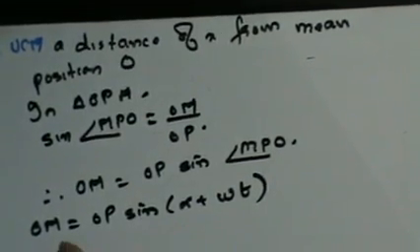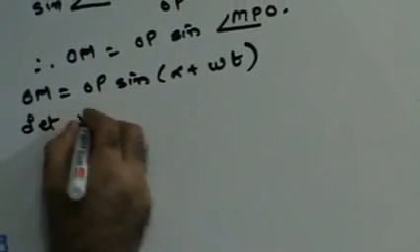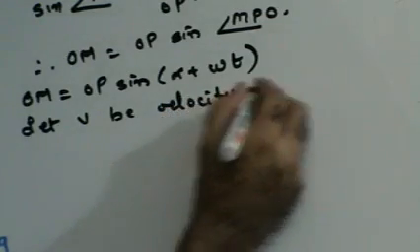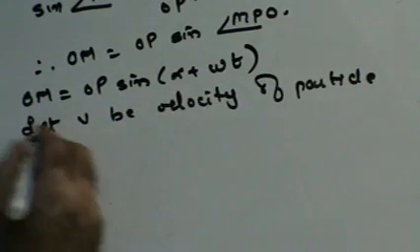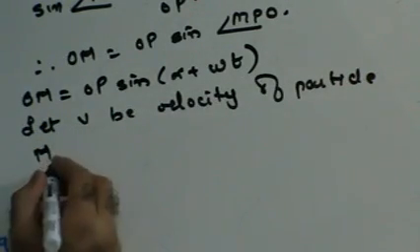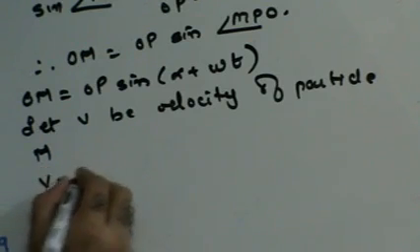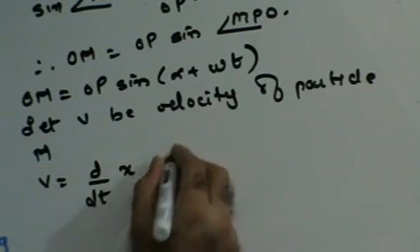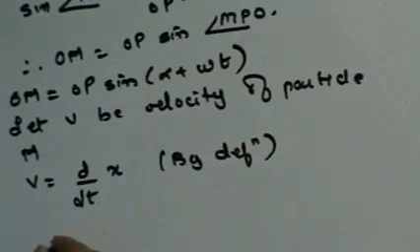Now let us assume that v be the velocity of particle M. Now what was OM? OM was nothing but x, the displacement. Velocity by definition is the rate of change of displacement.